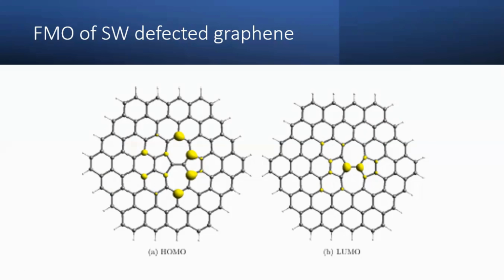Here we can see the two carbon atoms which are rotated, their bond length has decreased. That means two nuclei are very close to each other. Again, it is difficult to remove the electron, because it is very difficult to steal the electron where the two nuclei are very close. Therefore, HOMO is not located here, but LUMO is located here because the incoming electron can accommodate here, where two nuclei are close to each other.